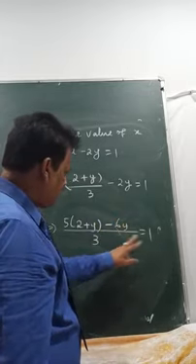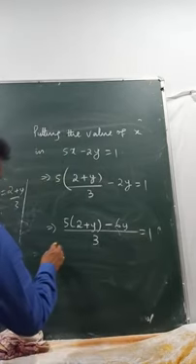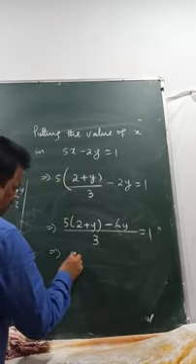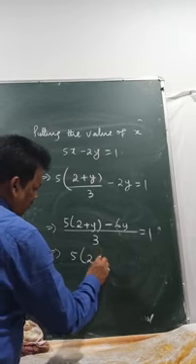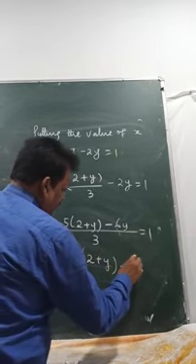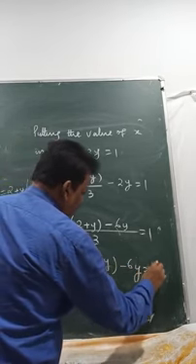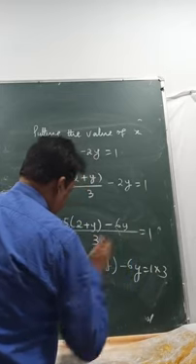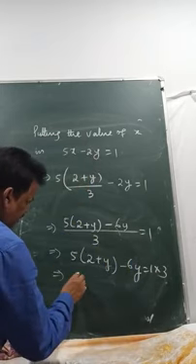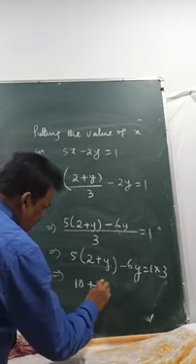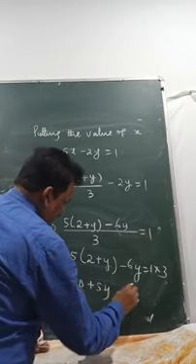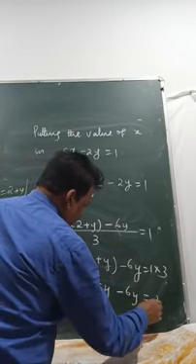Now cross multiplication, so you get 5 into 2 plus y minus 6y equals to 1 into 3. This 3 goes here. Implies 10 plus 5y minus 6y equals to 3.